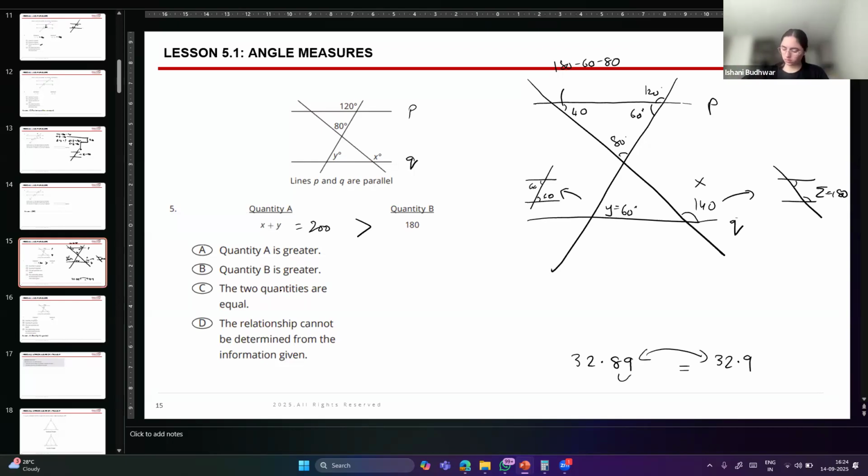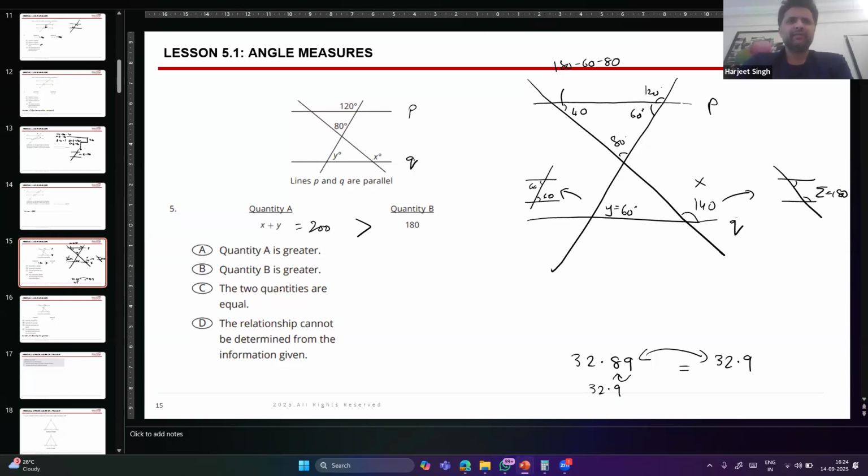Because when you do a roundup, this becomes 32.9. Just for you to note. A 0.01 or 0.001 difference when rounded up will become the same. So these two are equivalent answers on the GRE.